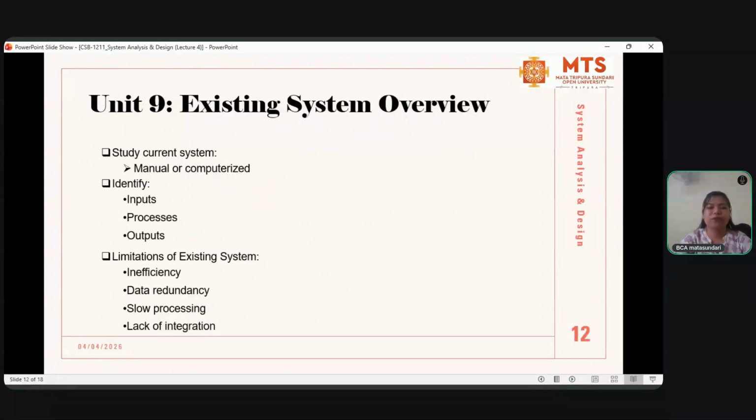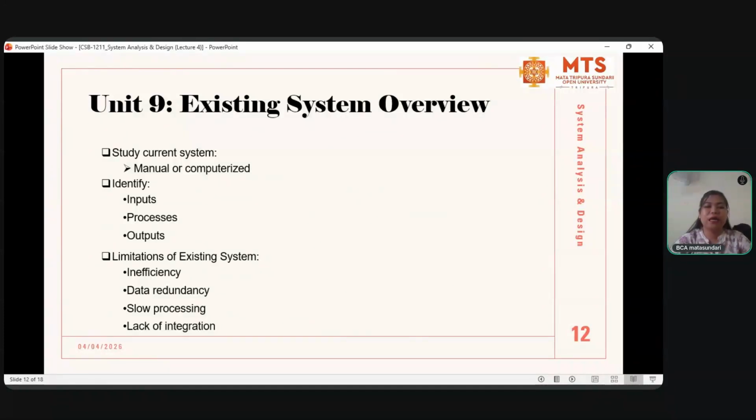Existing system overview. What is the existing system overview? It is studying the current system, manual or computerized.